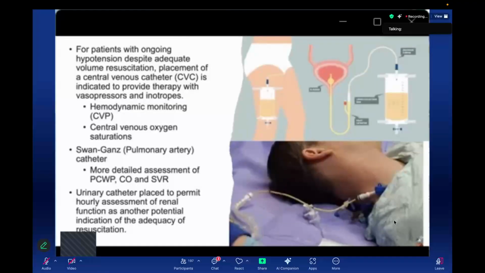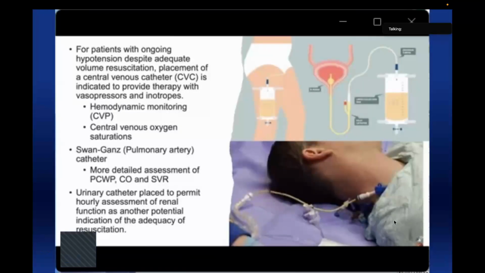We call that a central venous catheter, especially if your patient goes to the emergency department and there are a lot of medications competing with one IV line. No? Because you don't have a central line yet.